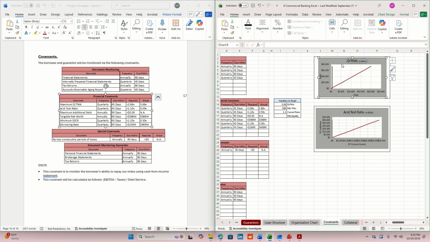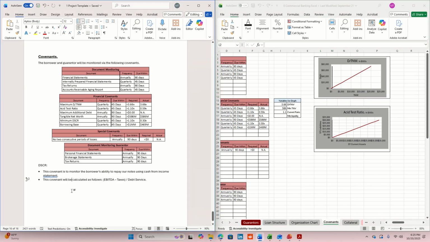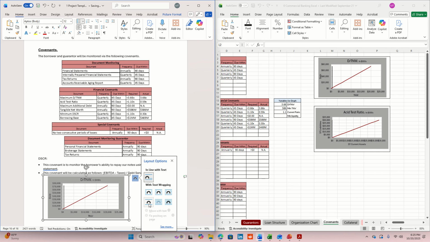These things illustrate what's going on with the covenants, and that's why we put them inside of our analysis over here.